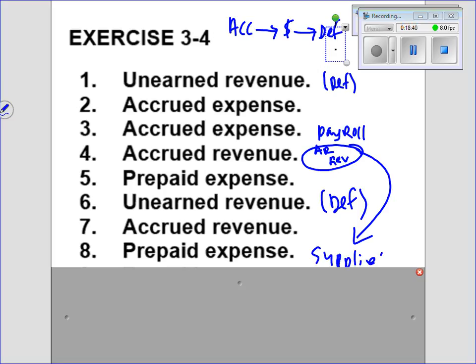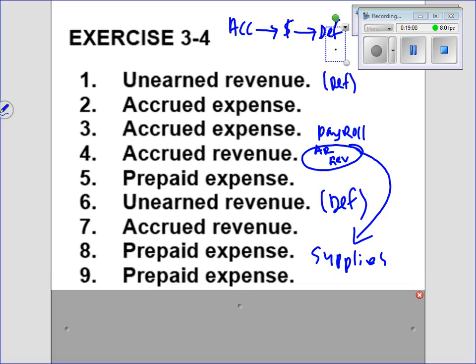You go buy a bunch of supplies, you buy them on the front end, and then you record what was used at the end. That's what they do in the next one. Hart purchased $900 of supplies in 2014. The year-end $400 remains. Basically the same thing we just talked about. Number 9 would be prepaid expense as well.